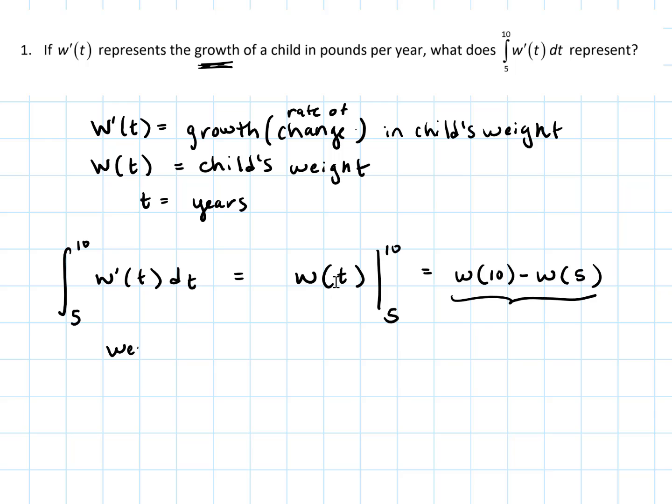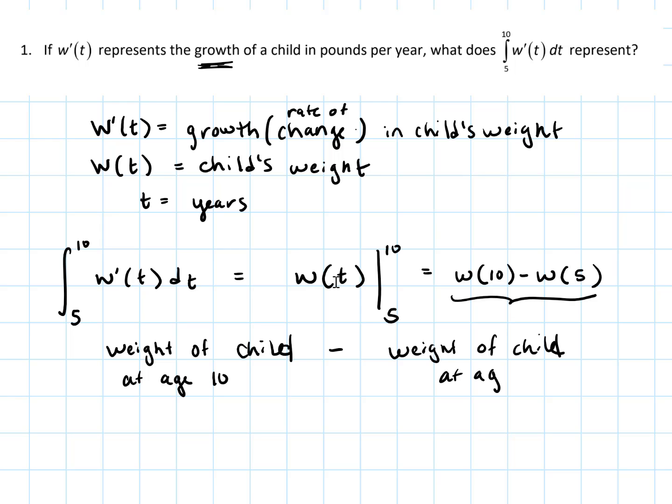Well, that represents the weight of the child at age 10 minus the weight of the child at age 5. It's the net change.